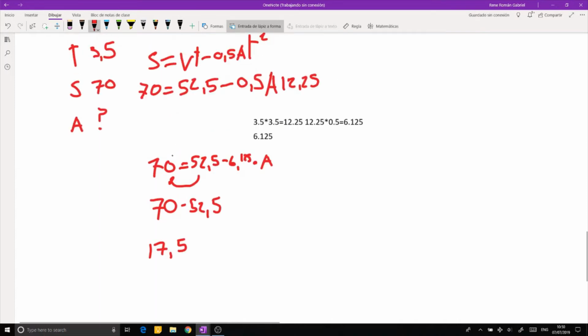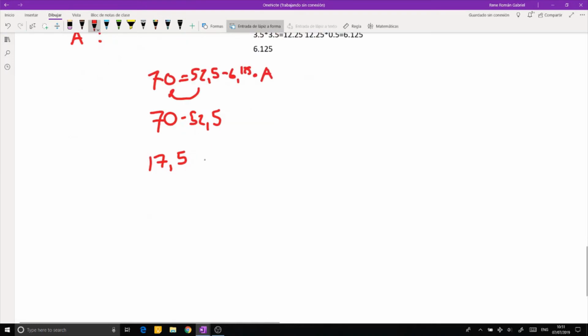And so with 17.5, we would have to pass the 6.125 dividing. Now I'm going to ask that to the computer. 17.5 divided by 6.125 is 2.8571.